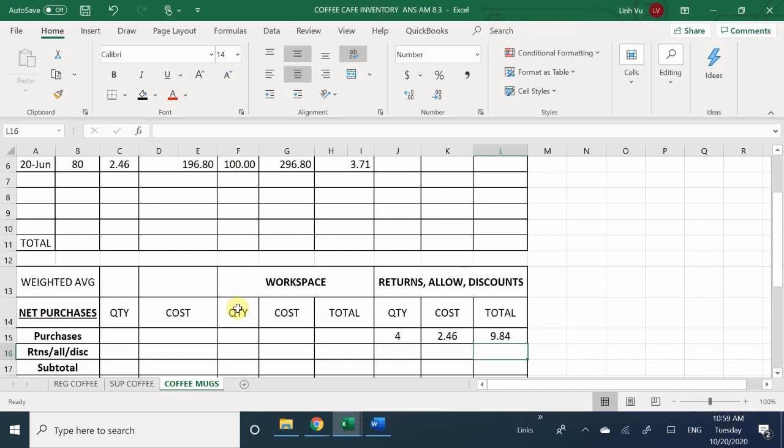It's broken, it's damaged. No. Okay. So your conclusion is we don't need to update our inventory. I'm sorry. Do we need to update our inventory?